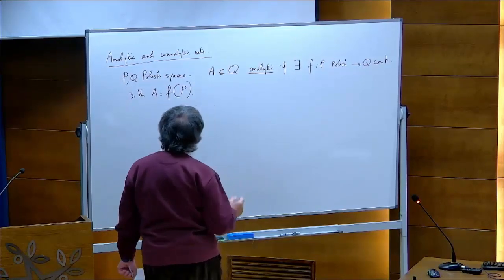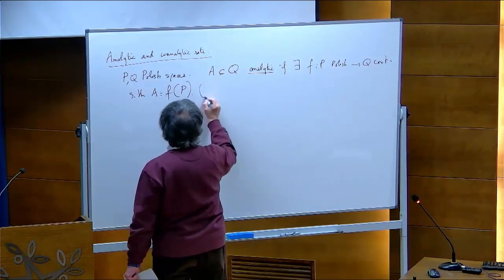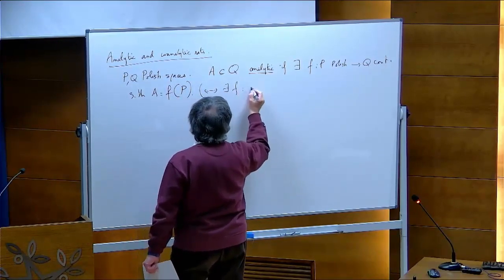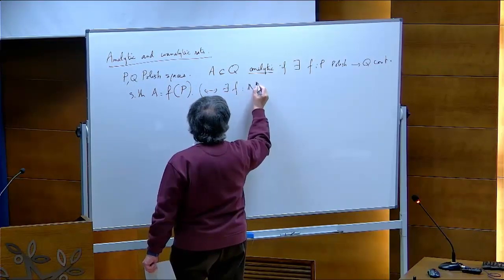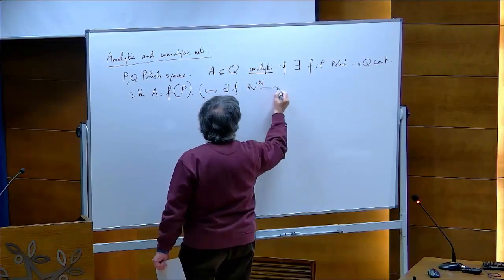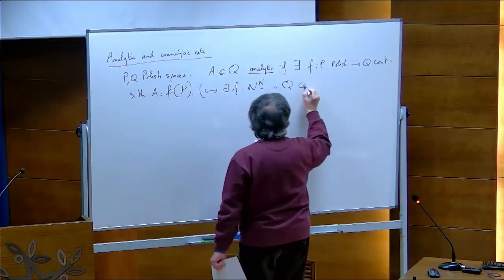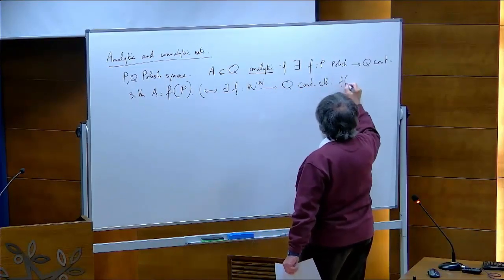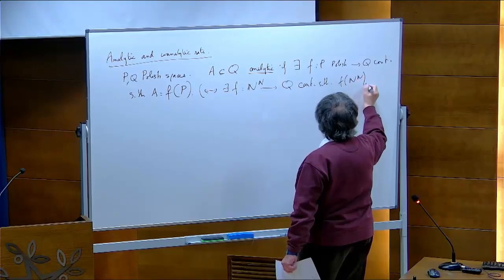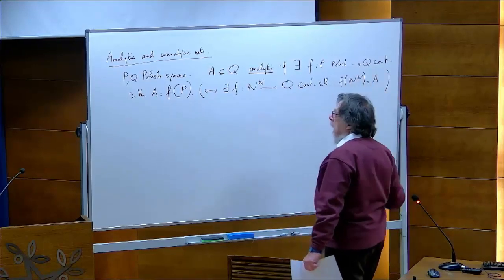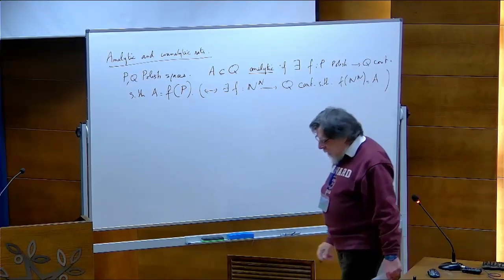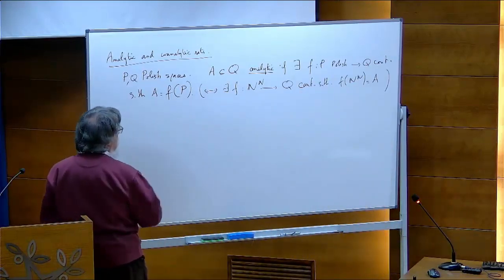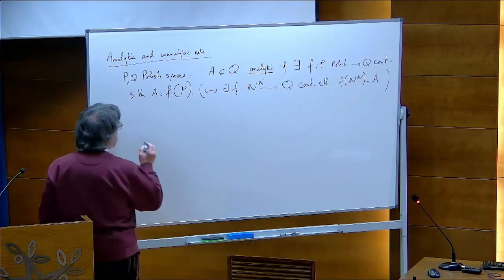And actually, it's an easy exercise to see that it's if and only if there exists a continuous F from omega to the omega, or N to the N, if you will, the Baire space, to Q, such that F of N to the N is equal to A. Okay, so that's, if you wish, a definition, which is due to Suslin a little more than a century ago.